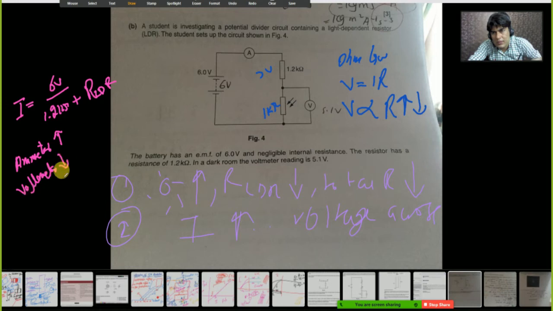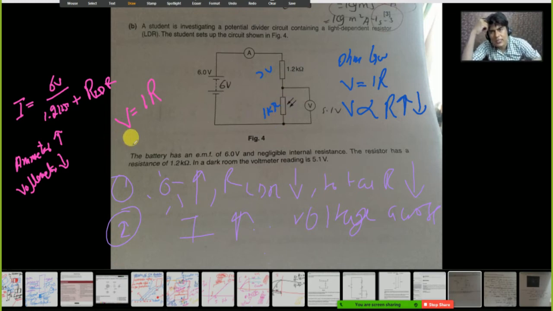But the voltmeter will decrease. The voltmeter is measuring the voltage across this resistor. So voltmeter reading is equal to current times resistance. In the first case, in the dark, the resistance will be high, and the current is the same in both of these.